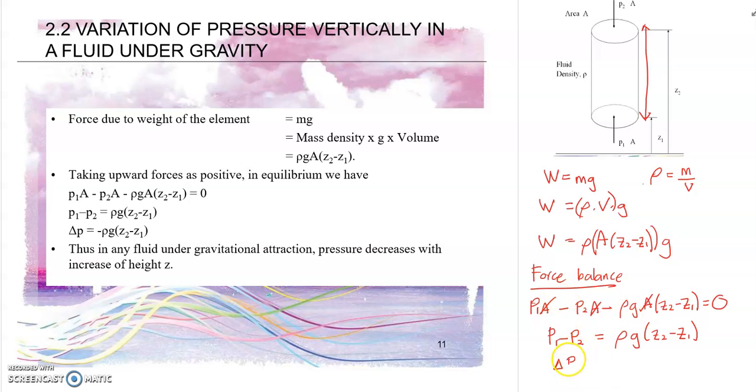P2 minus P1 is delta P, so this term must be negative: rho g (Z2 minus Z1).